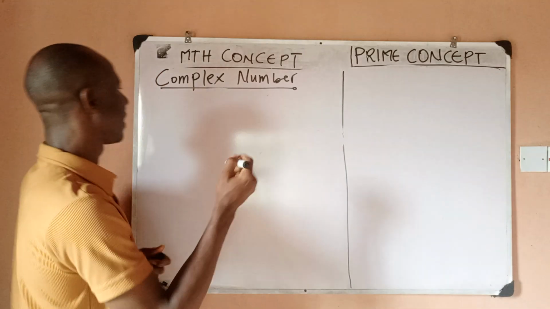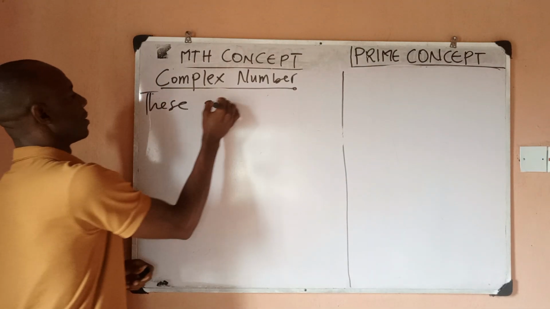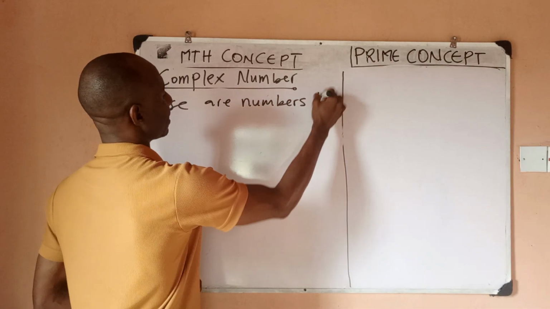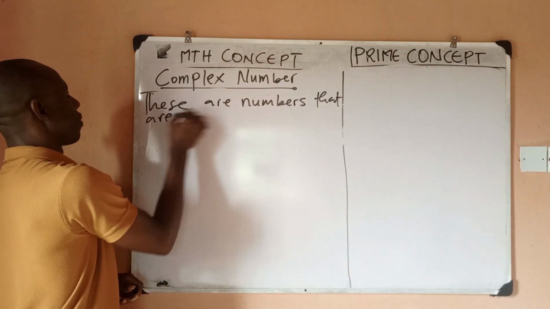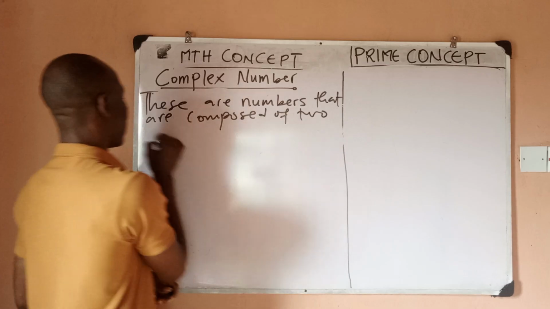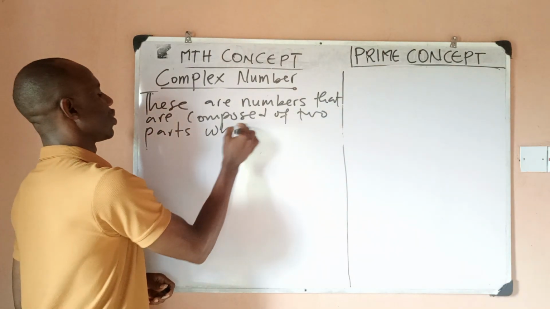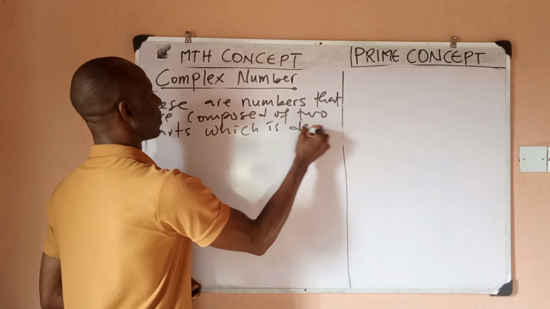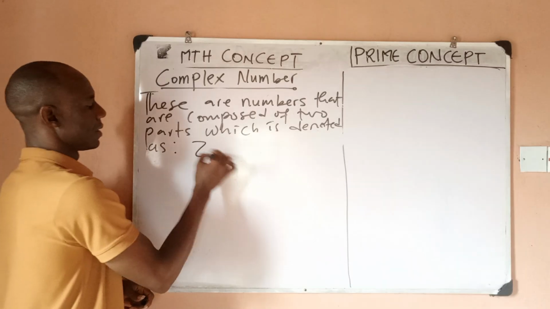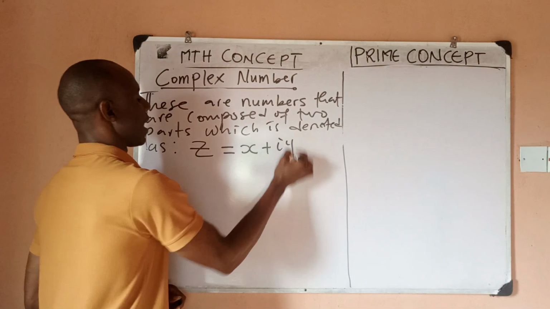So what are complex numbers? Complex numbers are numbers that are composed of two parts, which is denoted as z equals x plus iy.